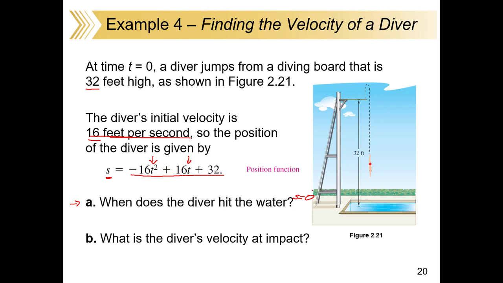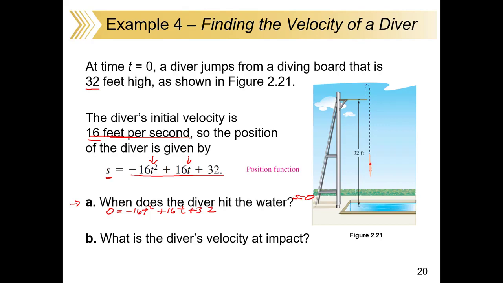You should have gotten that, right? Or maybe not. Not the first time around. So when we take our equation, that means 0 equals negative 16t squared plus 16t plus 32. 0 is how far you are above the water, and you just broke the surface, so there you go.